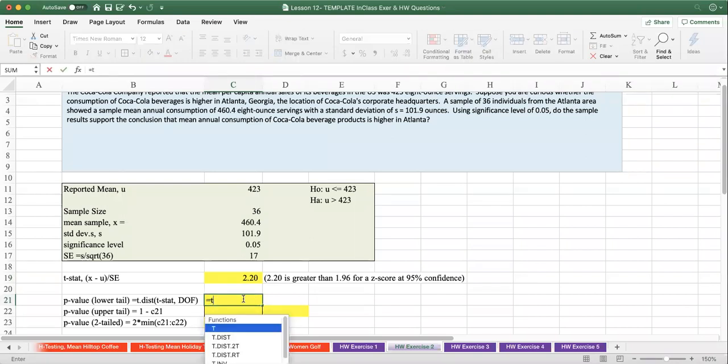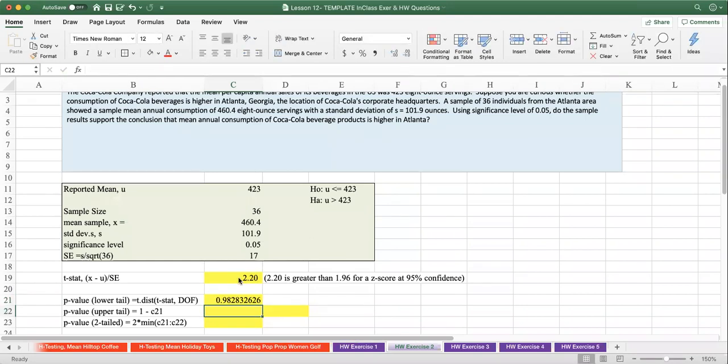We're going to use the T.DIST function, and what we put in here is the actual t-stat, the degrees of freedom, which for a sample size of 36 is 35, and we put true. So that's the lower tail. Here we want to look at the upper tail, so we take 1 minus this.